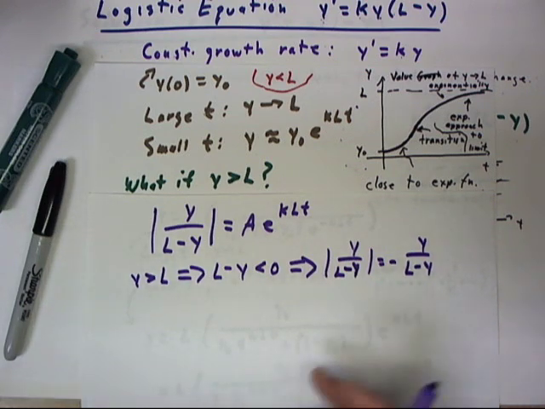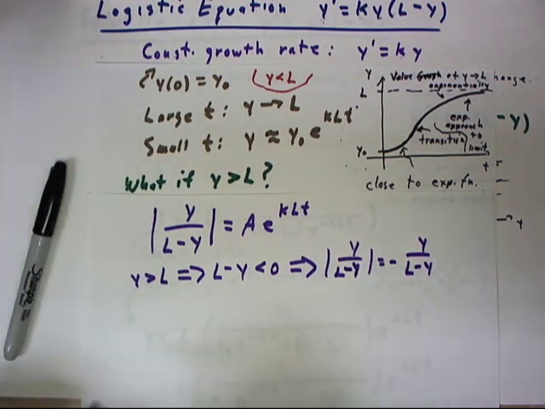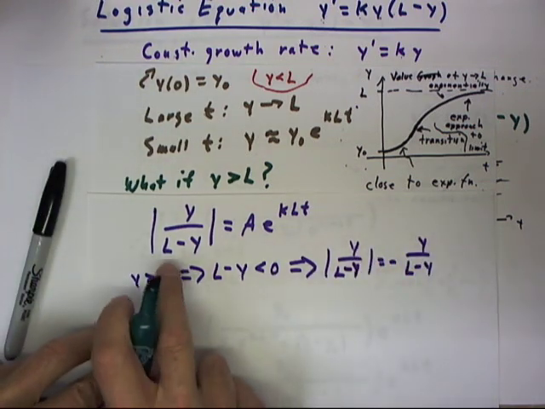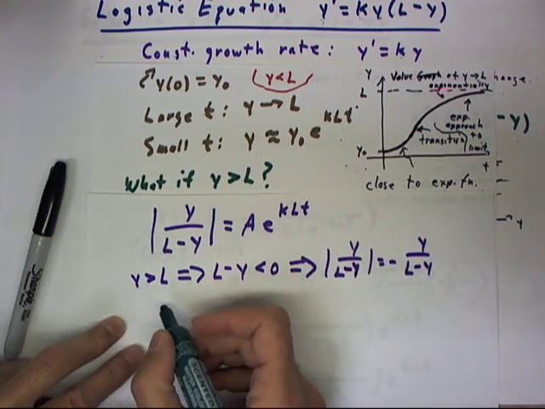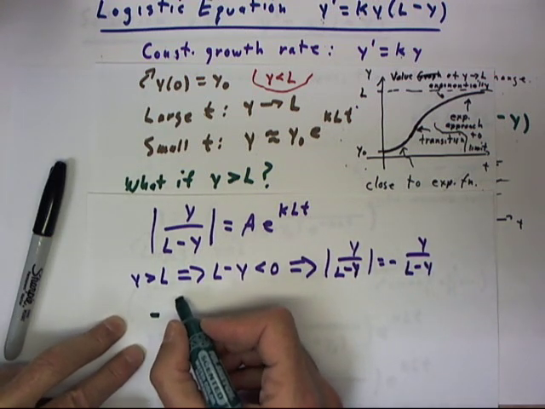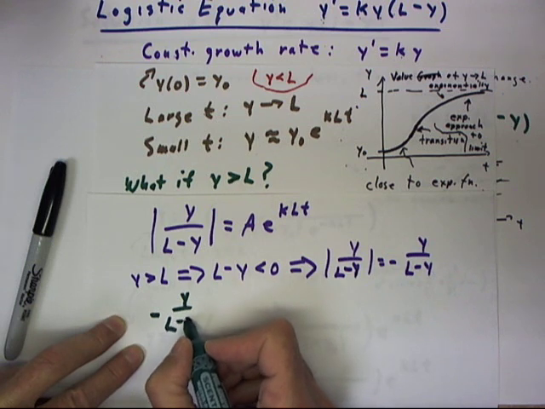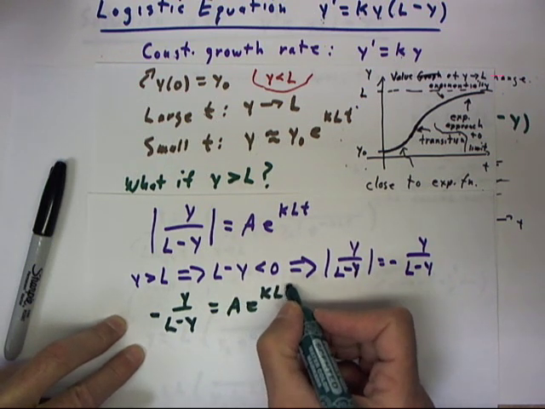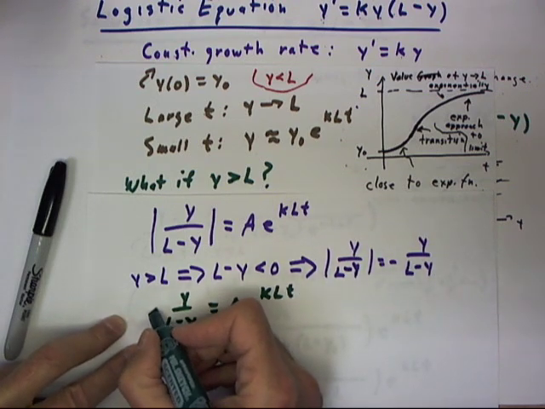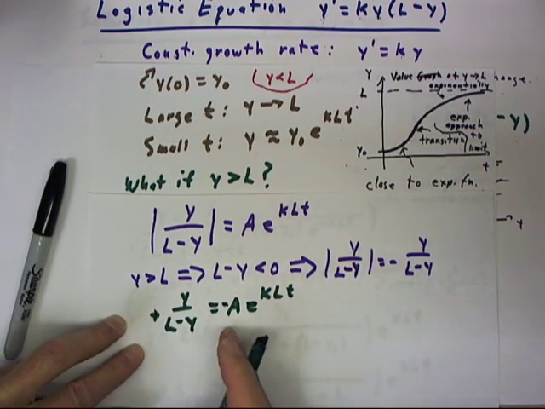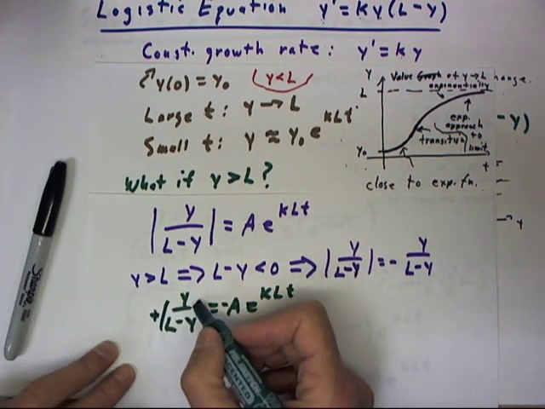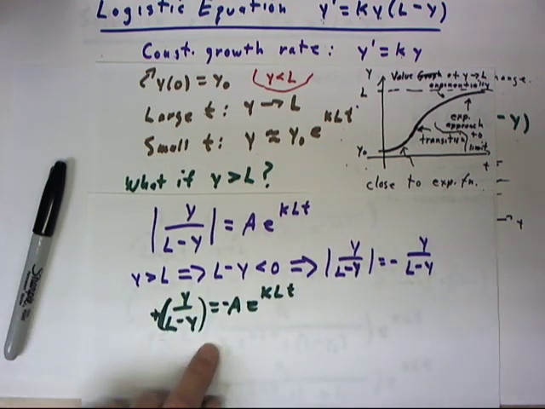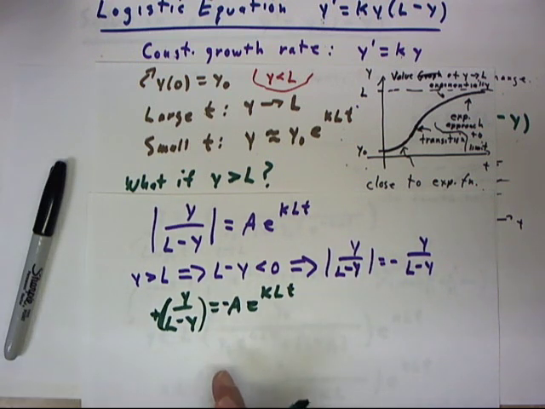In this case, the next step in the solution would be negative y over L minus y equals A e to the KLt. Changing the sign, the negative can appear over here, so that y over L minus y, where these are parentheses now and not absolute value signs, is equal to this.